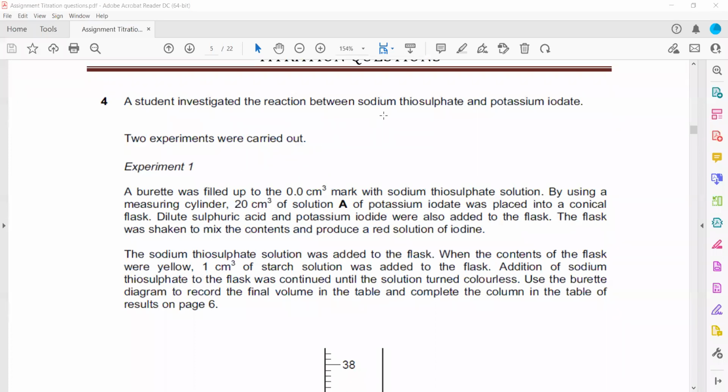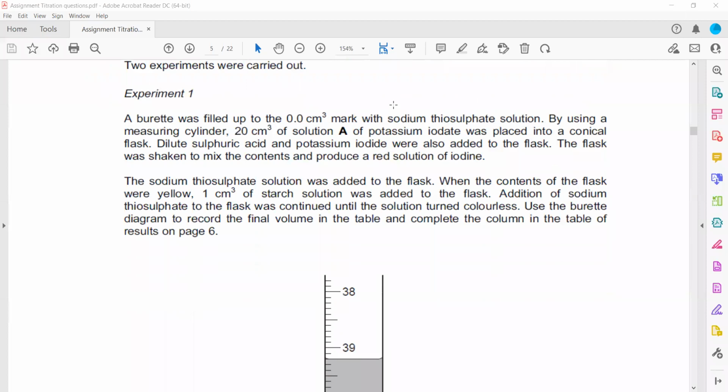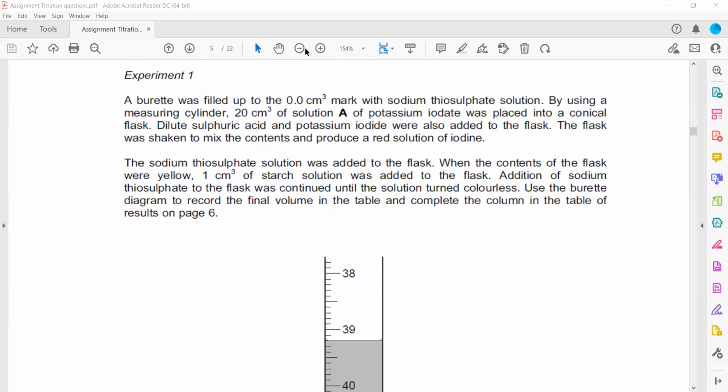A student investigated the reaction between sodium thiosulfate and potassium iodide. It is a similar question to what we did on the first page. Two experiments were carried out. A burette was filled to the 0.0 mark with sodium thiosulfate solution.